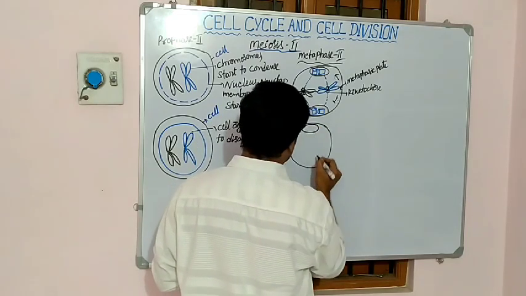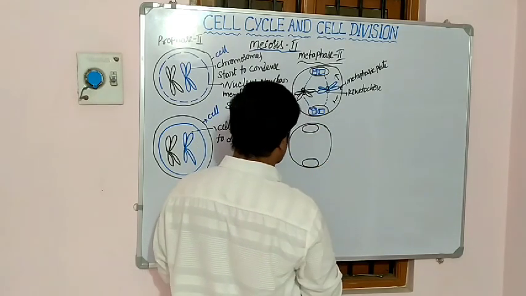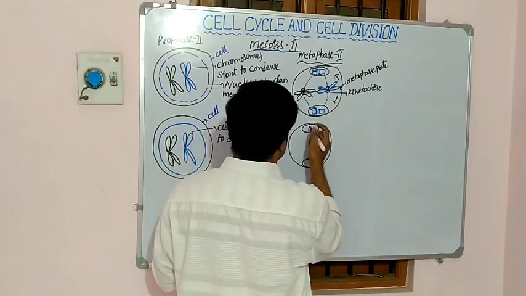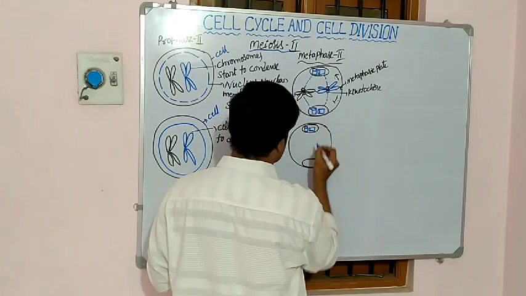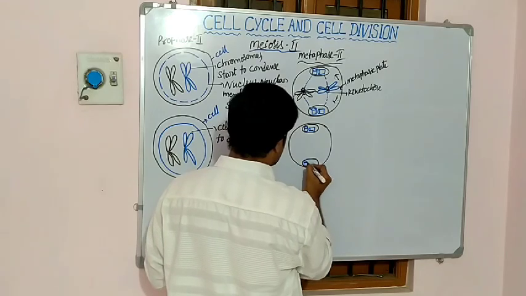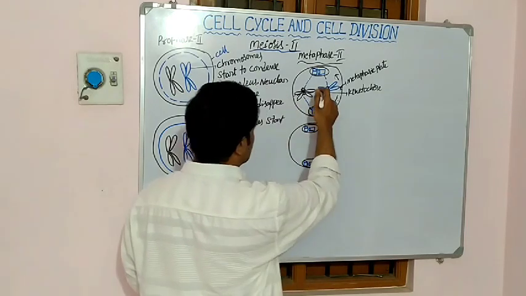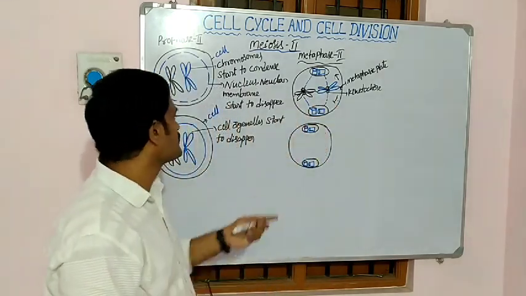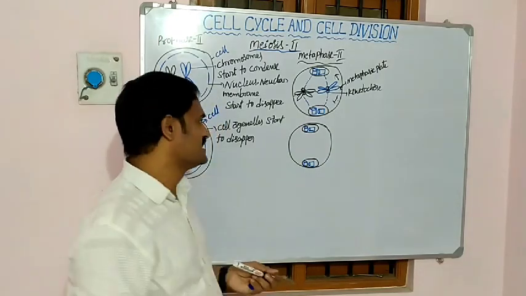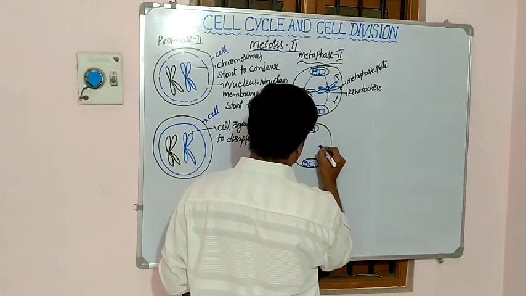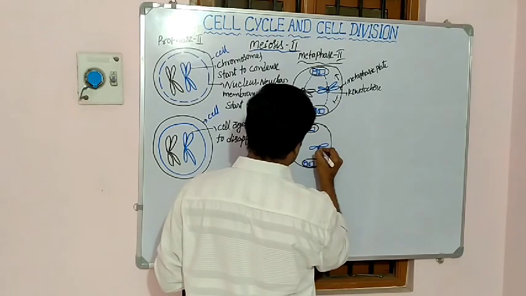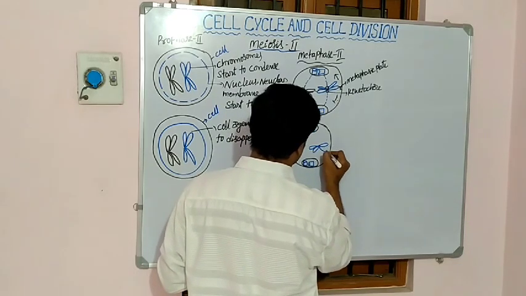Same here also, this is the second cell: the centrosome, and inside the centrosome there are centrioles. What changes we noticed in the one cell, the same changes are also seen in the second cell. See, the chromosomes reach the center of the cell like this.